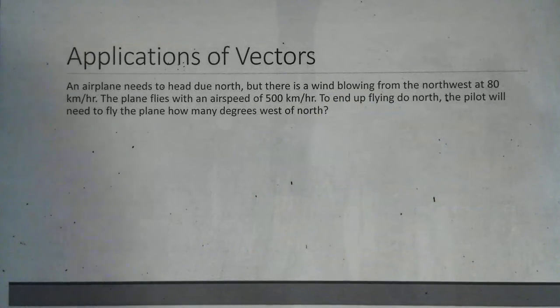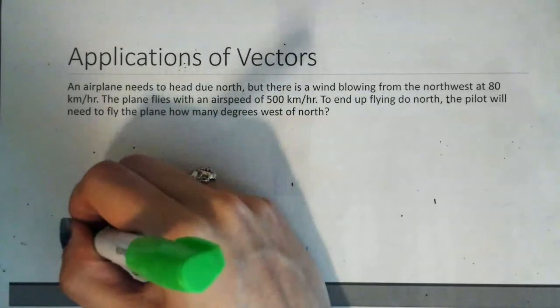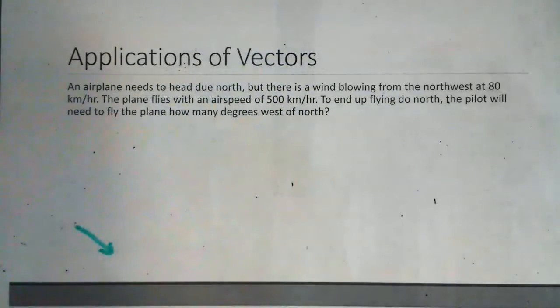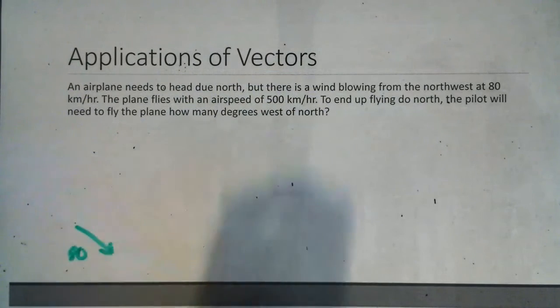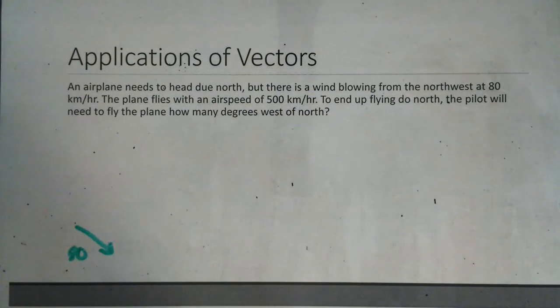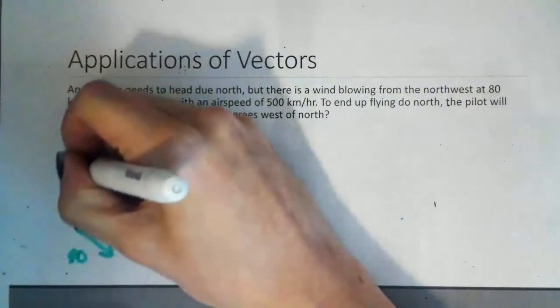All right, let's see if we can visualize what's going on here. There's a wind blowing from the northwest. If it's coming from the northwest, then it is pushing towards the southeast, and that's at 80 kilometers per hour. The plane is trying to go due north.